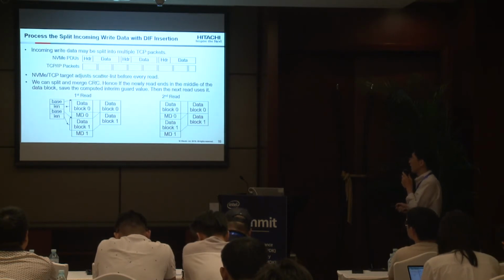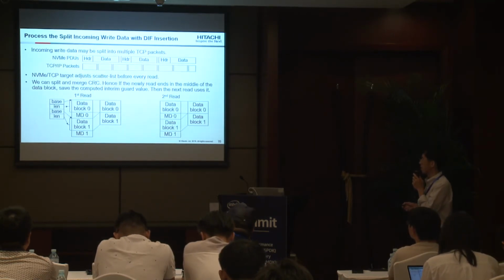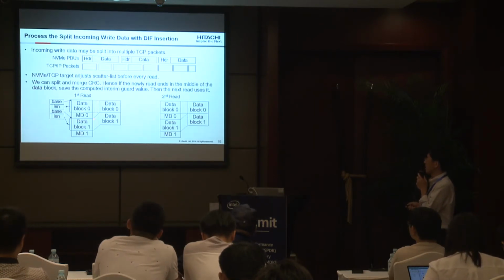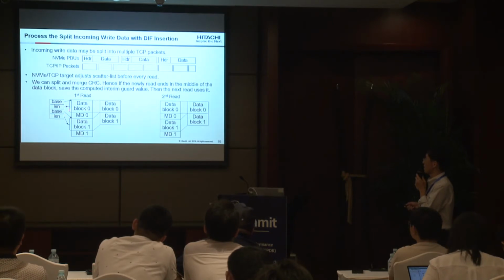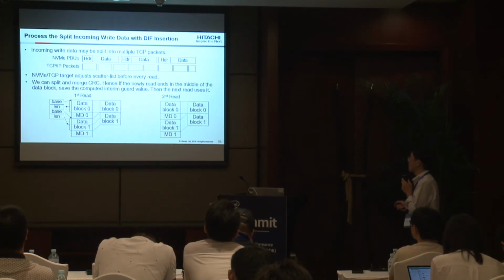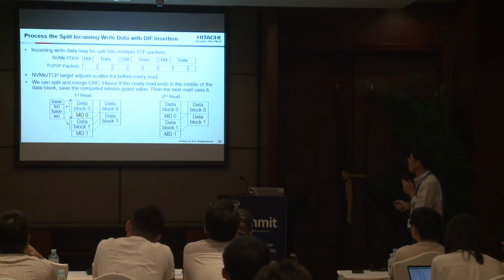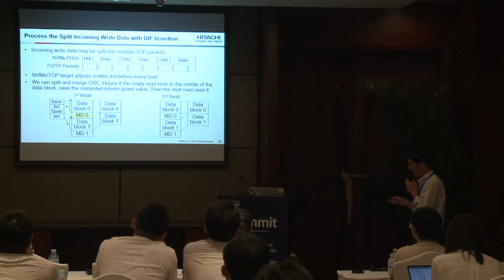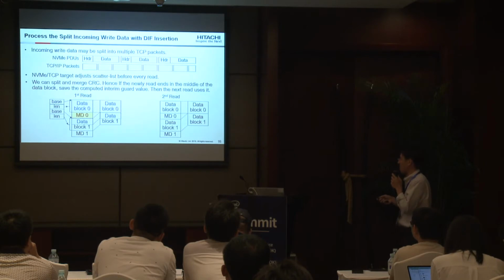So I will show this by using a simple animation. First we create the scatter list. This is made of two data blocks. Oh, sorry. I tried to use a darker color, but this is my mistake.